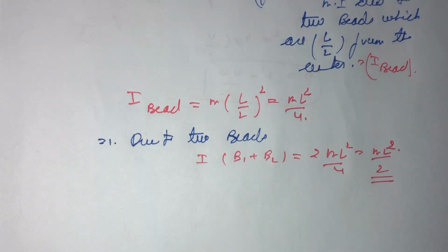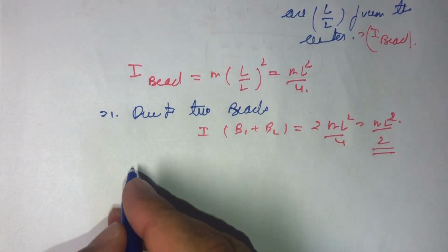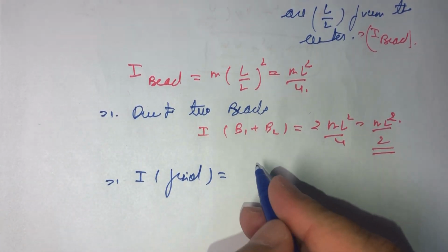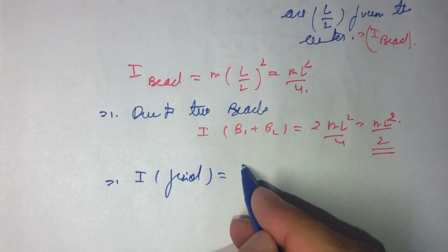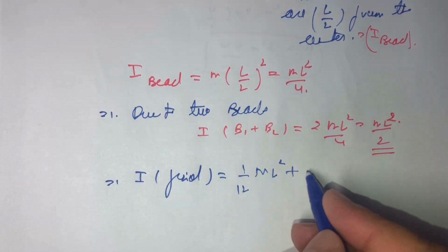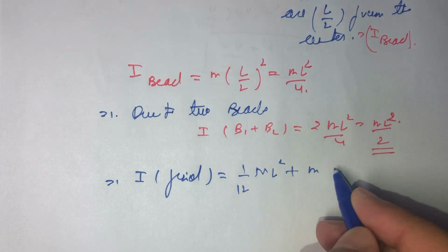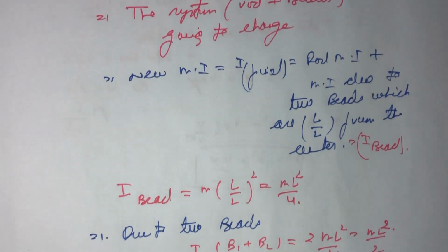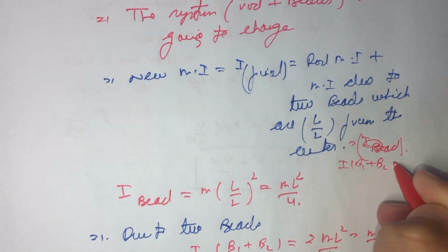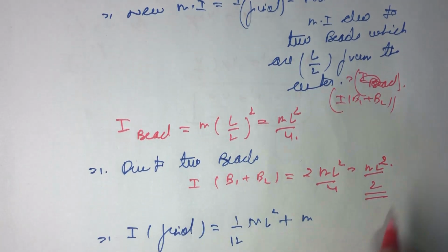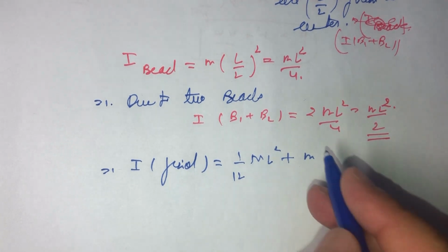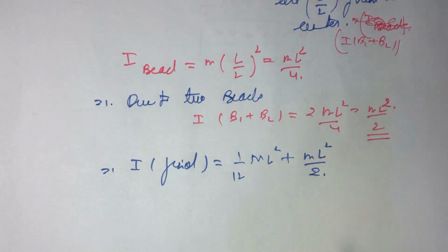Therefore we can write our I final, moment of inertia final, will be equal to moment of inertia of rod, that is 1/12 ML square, plus I B1 plus B2, sorry, here I made a mistake, not I bead, and this will be mL square upon 2.